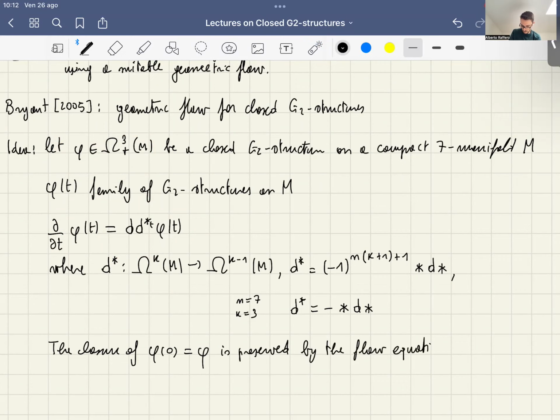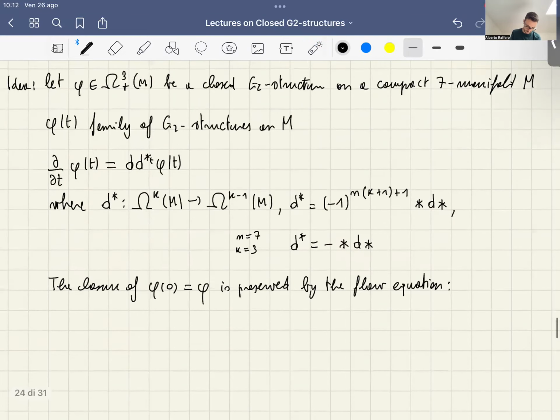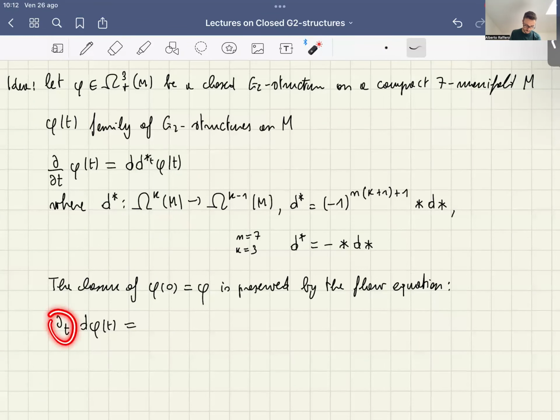In fact, if you take the time derivative, let me denote it with a dot, of the differential of phi t, then clearly the time derivative commutes with the differential. So here you have the differential of the time derivative of phi t, but by definition this is equal to d star of phi, and so here you get 0.